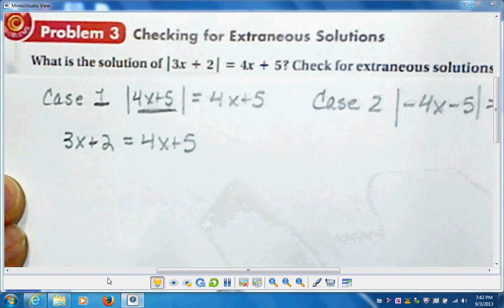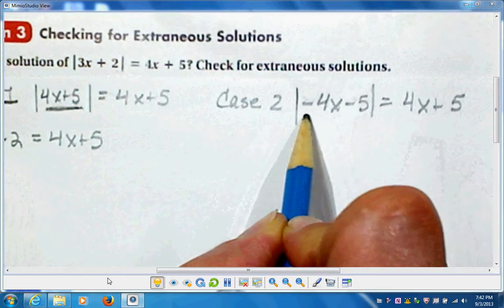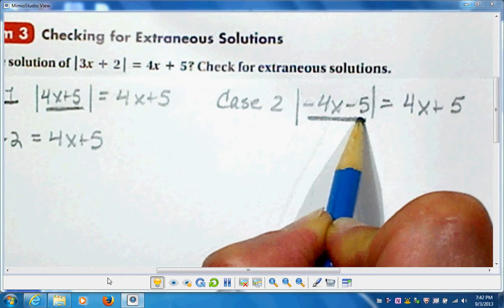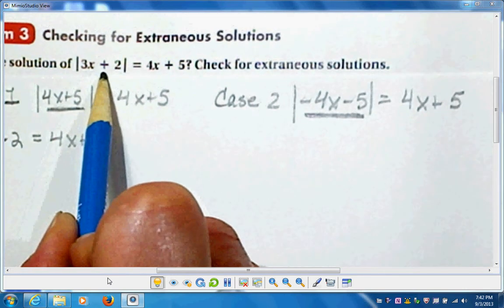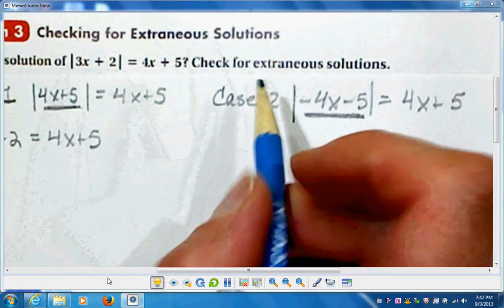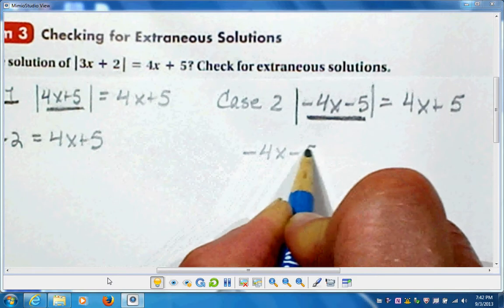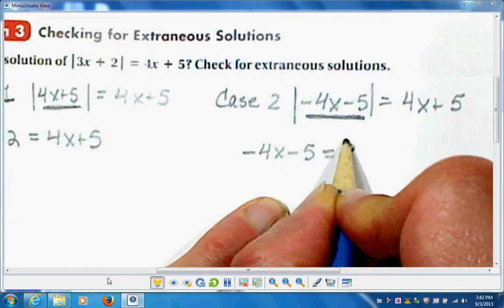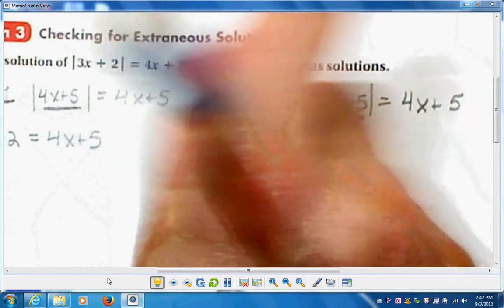So let's look at case 2. This negative 4x minus 5 is inside the absolute value, and this 3x plus 2 is inside the absolute value. So that means case 2 is negative 4x minus 5 is equal to, excuse me, let's write it the other way.